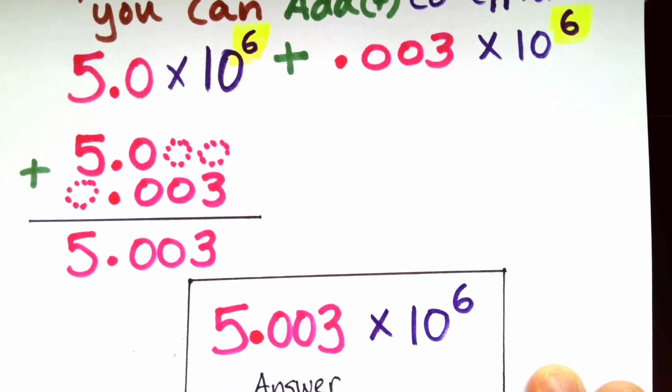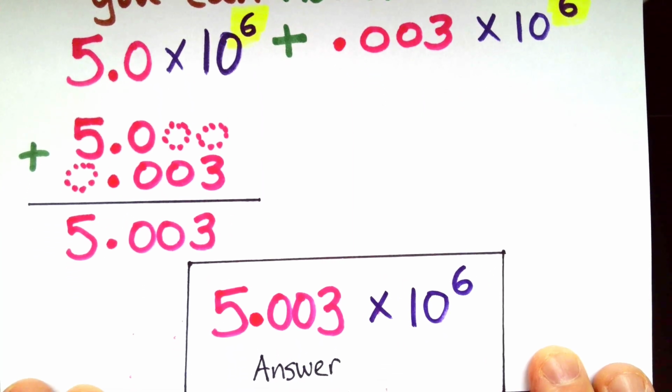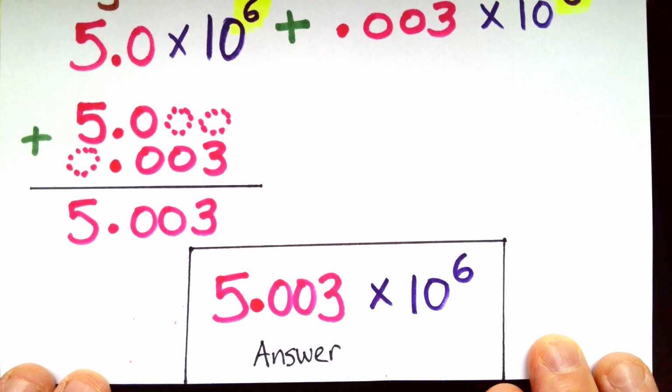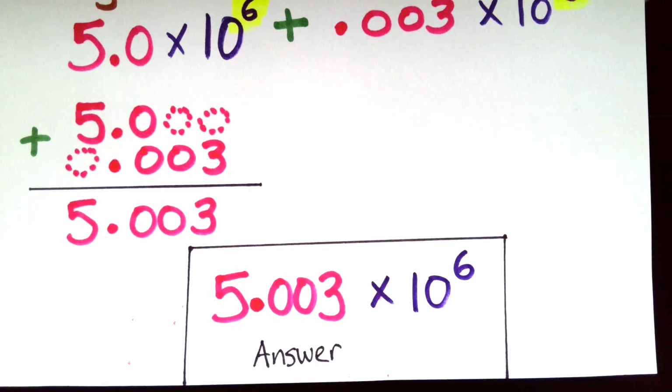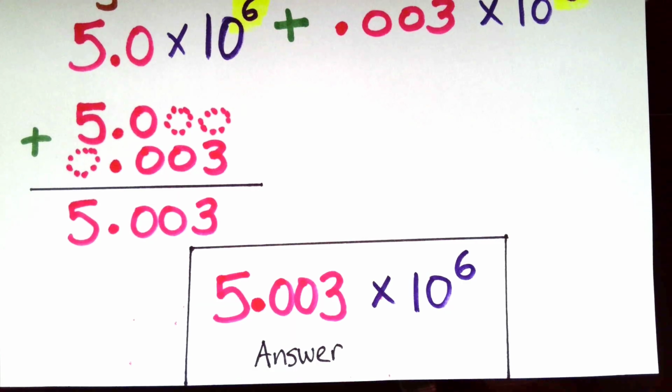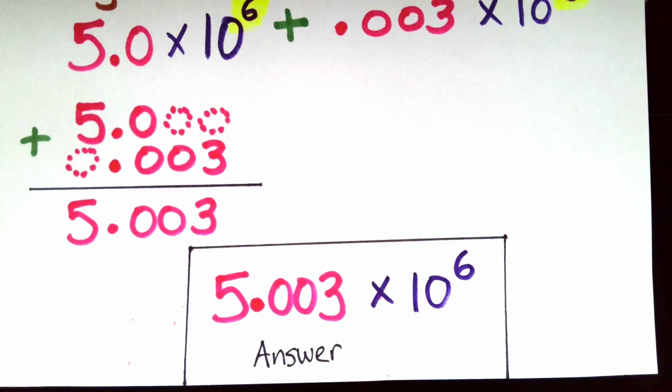It's not going to be the same answer as in the part 7 video, because both of the exponential values that we started with are different. So we have a different answer in this part than we did in the other part. But this is your answer, 5.003 times 10 to the 6th power.